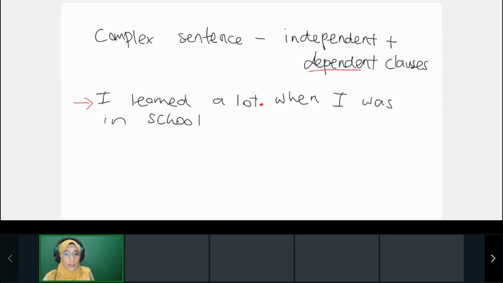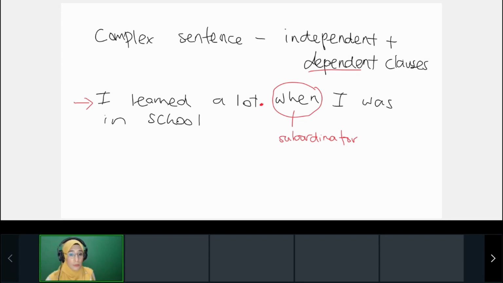So in this case, the subordinator is this one. Okay, it needs another thing to attach with another clause. So here we have I was in school. You can have this as the independent clause.